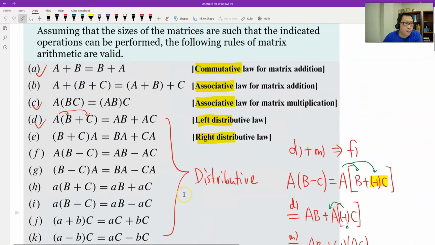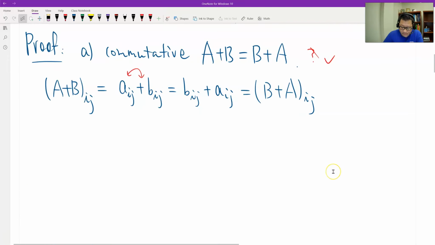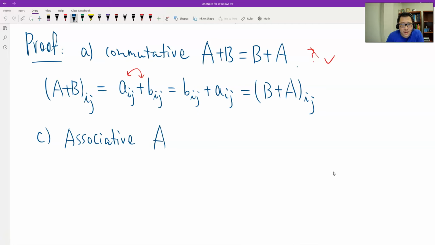And then look at the associative law, which is (AB)C equals A(BC). That's associativity of matrix multiplication. So this time we definitely have to look at the size first.